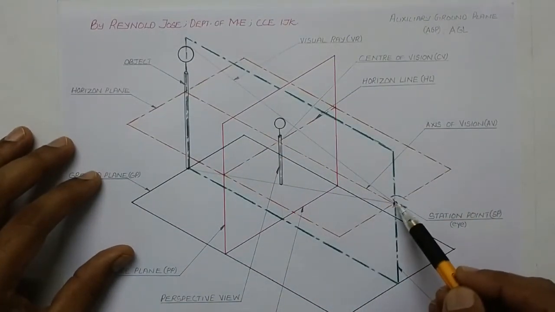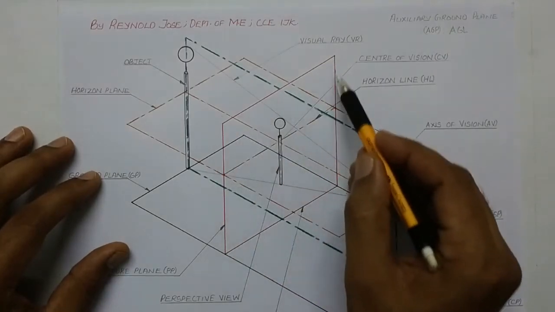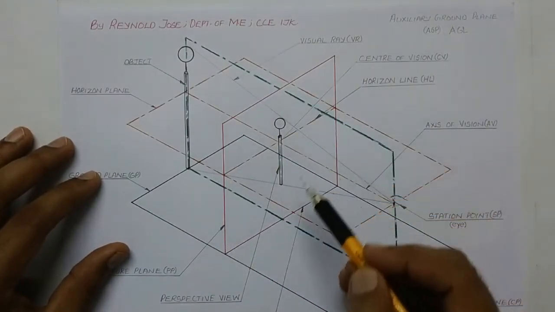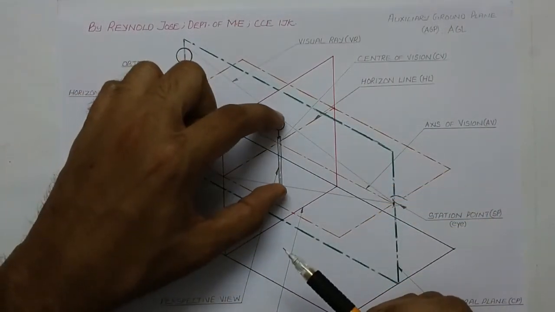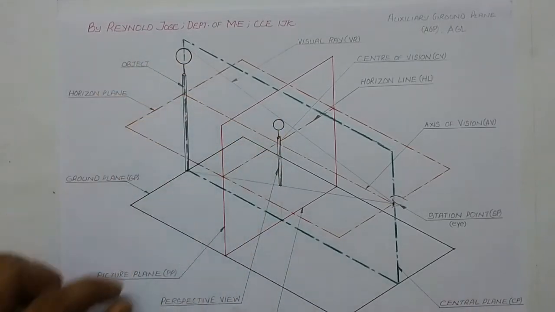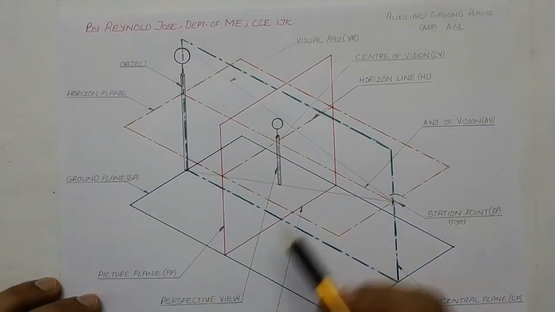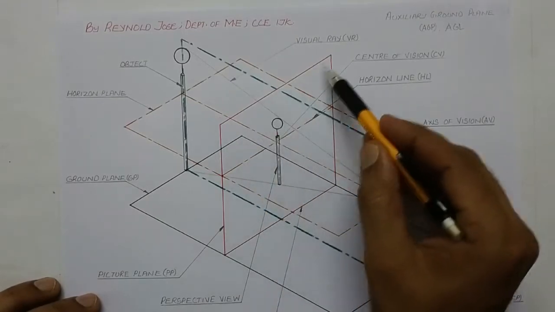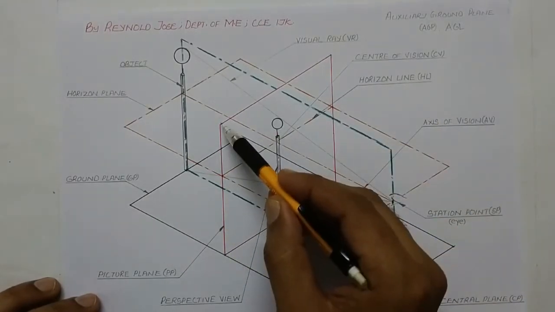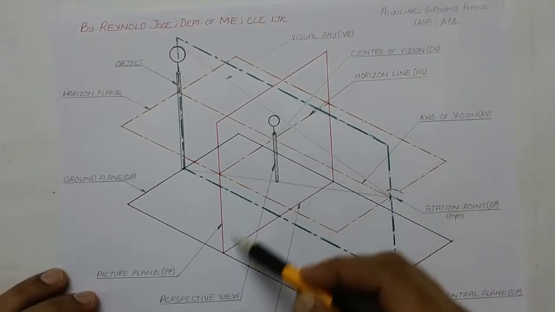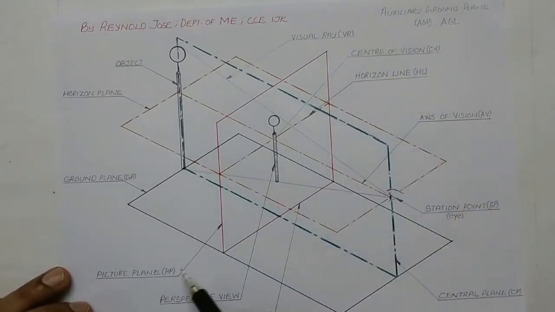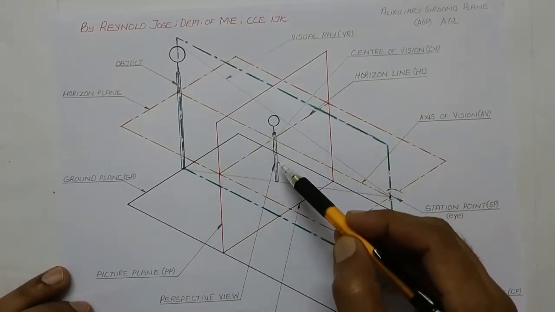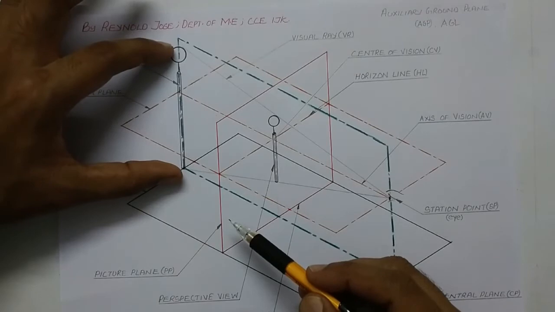The observer feels that the object is placed on the picture plane. So this is the image, which is known as the perspective view. This is the image formed on the picture plane. The size of the image is smaller than that of the object.